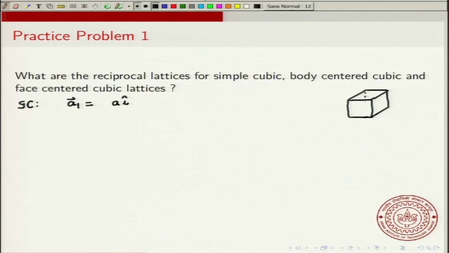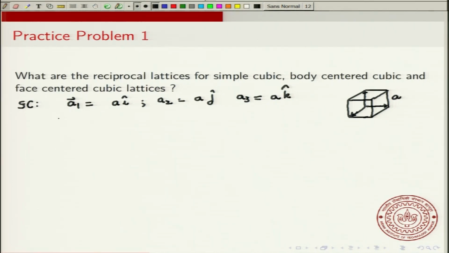So clearly, this side is A. So, A1 is A times i, A2 equal to A times j, A3 equal to A times k.